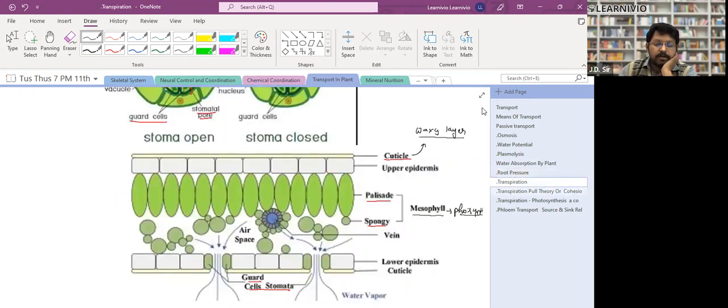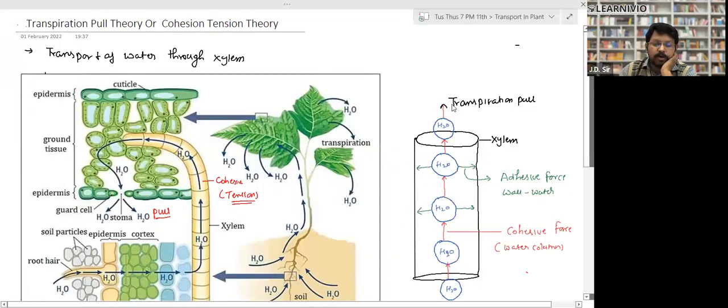Now there is a theory which explains the movement of water in all plants, from root to shoot. This is actually called the transpiration pull theory, or the cohesion and tension theory. This is the theory which nowadays explains how the movement of water takes place.